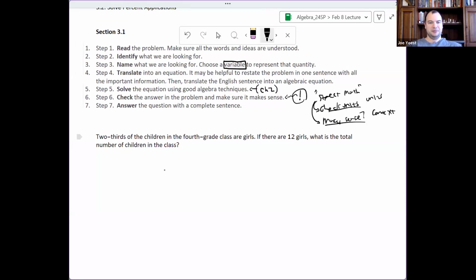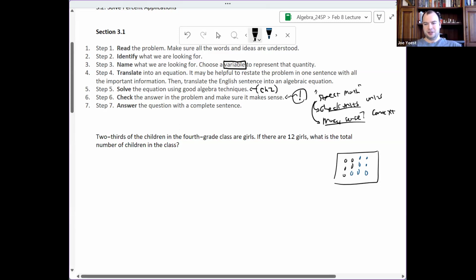So again, read the problem. 2/3 of the children in the 4th grade class are girls. So I'm imagining I have a class and I have some girls and some boys. We have 2/3 of the children in the 4th grade class are girls. So more of the children are girls than boys.